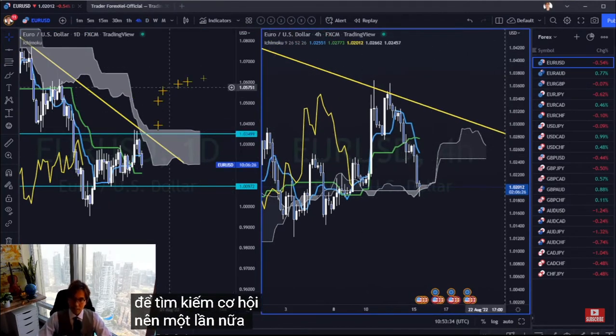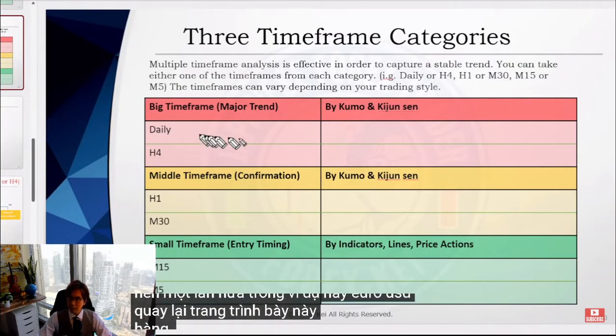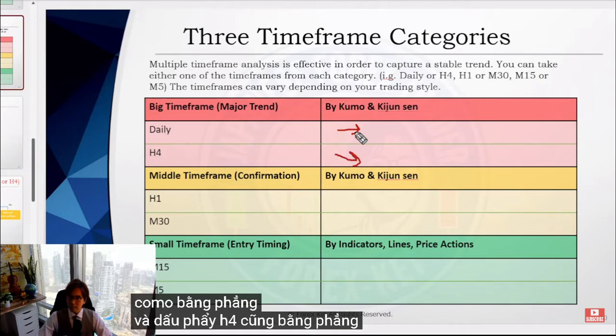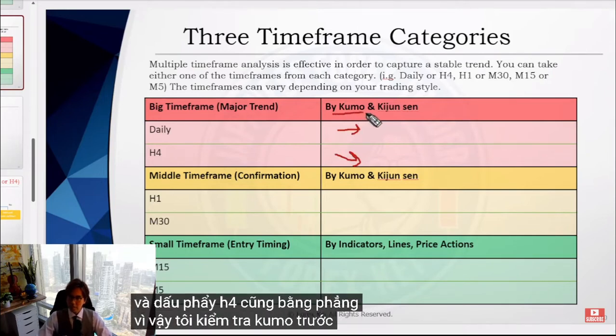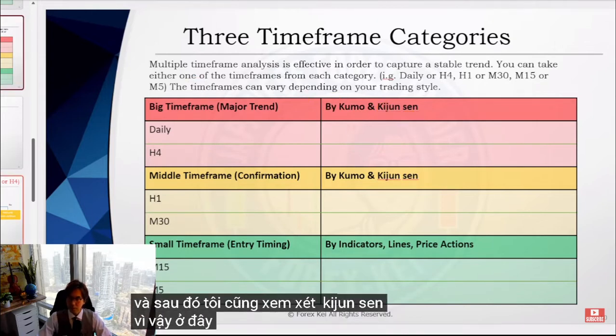So again, in this example, Euro USD, coming back to this slide, daily Kumo is flat, and H4 Kumo is also flat. So I check the Kumo first, and then I also look at the Kijun-sen.